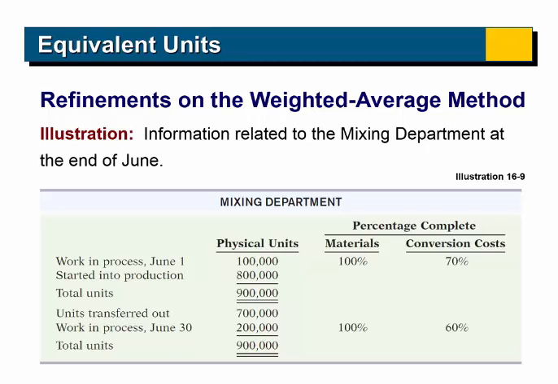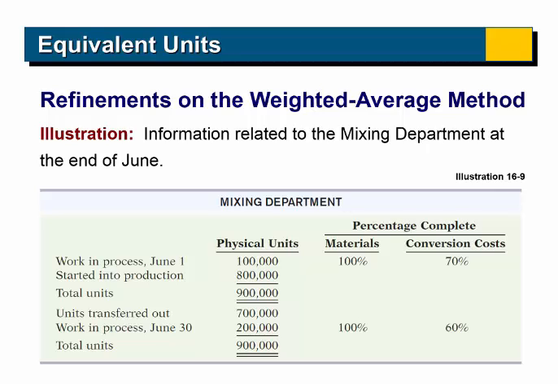All right, so 700,000 of the 900,000 were 100% of the way completed in the month of June and transferred on to the next department, while the remaining 200,000 units of the 900,000 are still here in work in process in the mixing department.